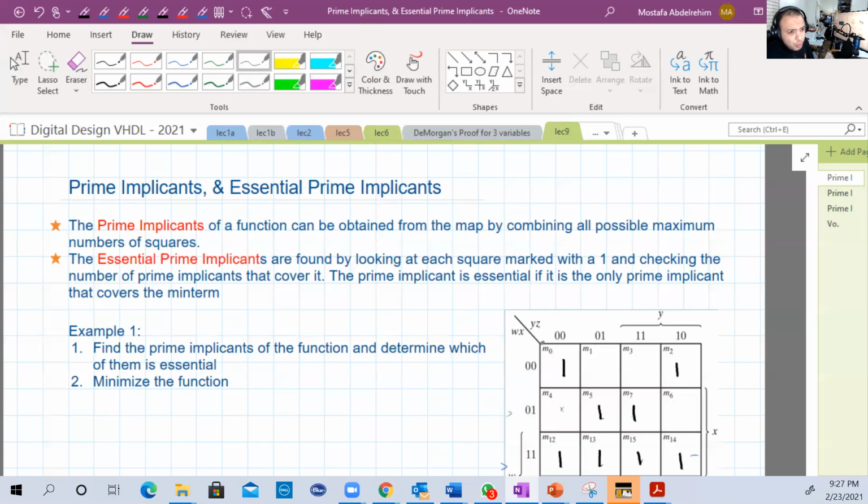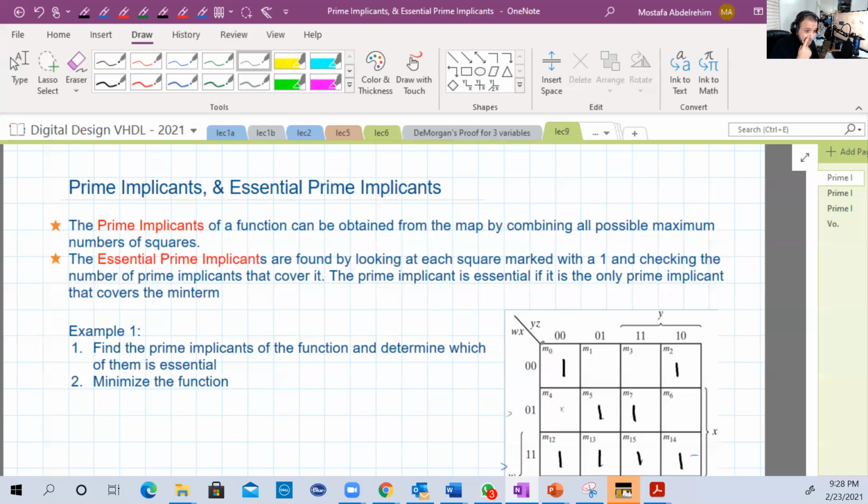We just called it a group. You remember when we grouped 2 ones together, or 4 ones, or 8 ones? Those are basically implicants. And if this was the maximum group that this one can belong to, this is called a prime implicant.